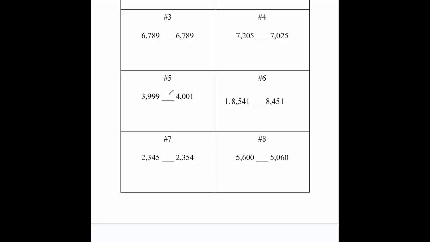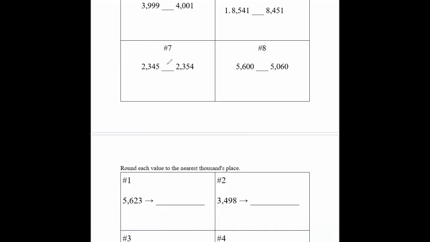3,999 compared to 4,001, so 3 and 4, 4 is greater than 3, so 3,999 is less than 4,001. 8,541 is not equal to 8,451, so 8 and 8 are the same, but 5 is greater than 4, so 8,541 is greater than 8,451. 2,345 and 2,354, both have a 2 and a 3 in the front, which are the same, and then they're 4 and a 5, and since 4 is less than 5, 2,345 is less than 2,354. 5,600 compared to 5,060?